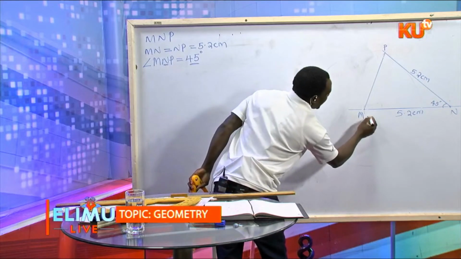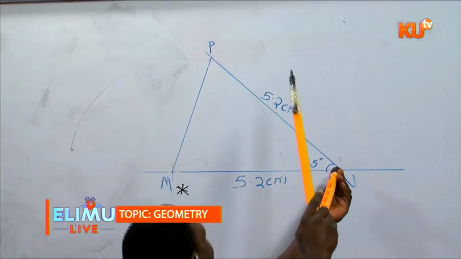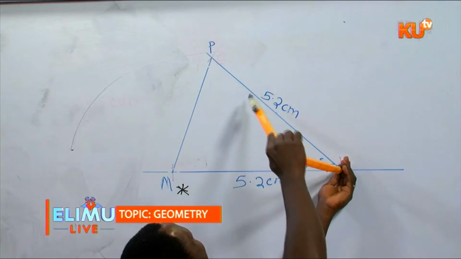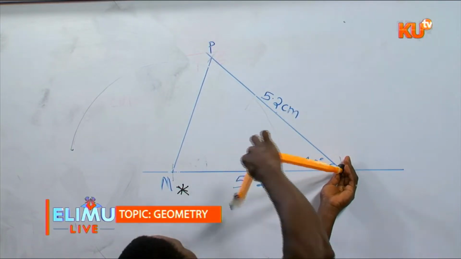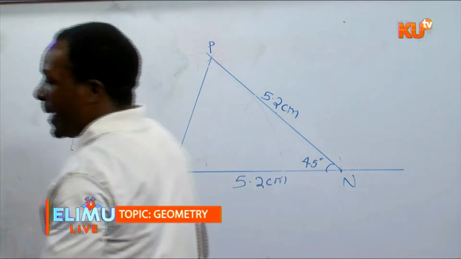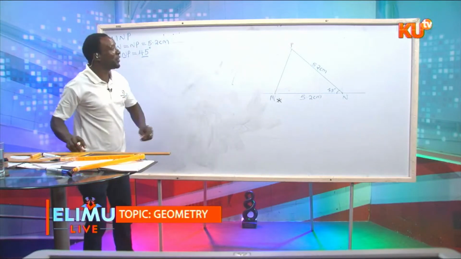Go to N, and put an arc below. Then you draw the perpendicular bisectors. And I said here you can use a biro.